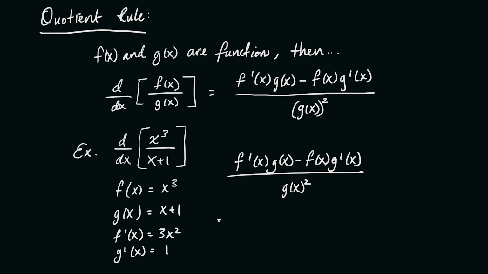So now, once we put it inside the equation here, f prime of x is 3x squared times the g of x, which is x plus 1, minus f of x, which is x cubed, times g prime of x, which is just 1, so we can keep it the same here. And that will be all over g of x, which is x plus 1, squared.